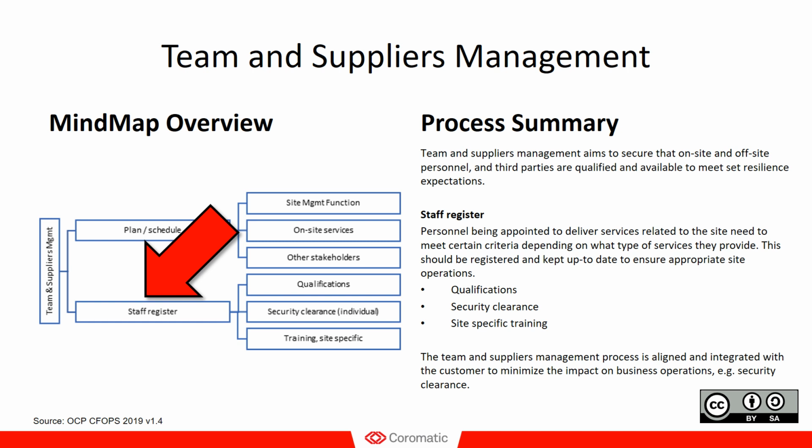If you are to share sensitive drawings or other information or data around the site with someone, they may be required to be security cleared and have the right qualifications before you do that. So this is very important as well, to make sure that the individuals working with and around the site actually fulfill the expectations and are the right people.